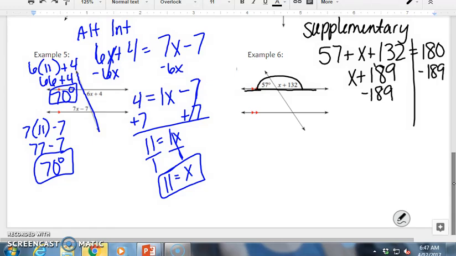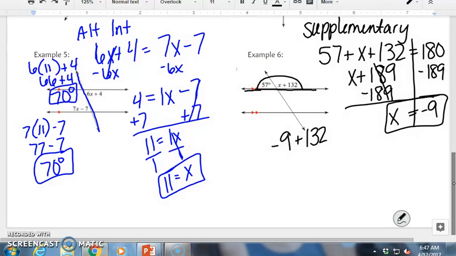Subtract 189. We get x equals negative 9. Remember, x can be a negative because it's not an angle measurement. So then we take negative 9 in for x. Negative 9 plus 132 is 123 degrees. So you can check yourself. 123 plus 57 should add back up to 180. And it does.